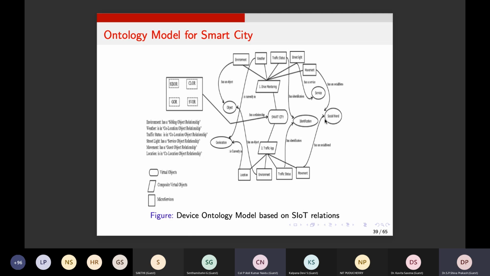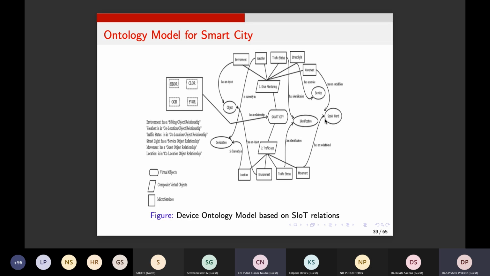The traffic status has an identification. Similarly, this traffic status will also have an identification. Similarly, street light has some service. And movement has a social friend relationship. And this environment has some object.